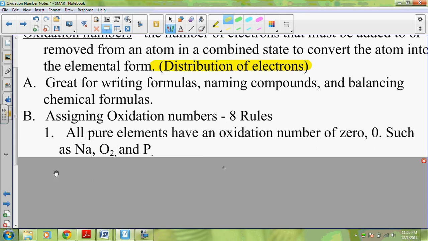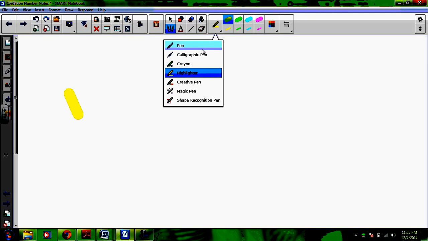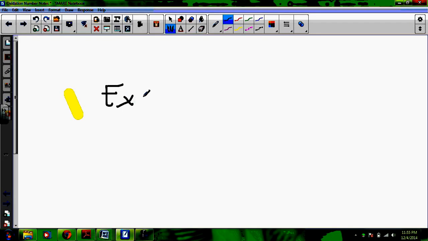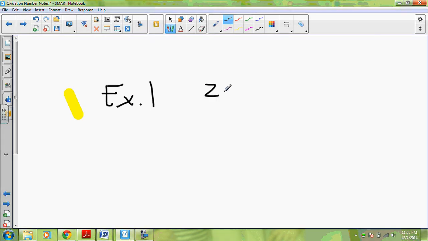So if you guys ever see an element chilling by itself, you would just write 0 above it. As in, example 1, let's say there's zinc. And it's just chilling there.